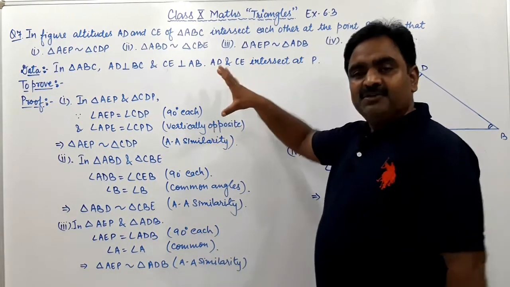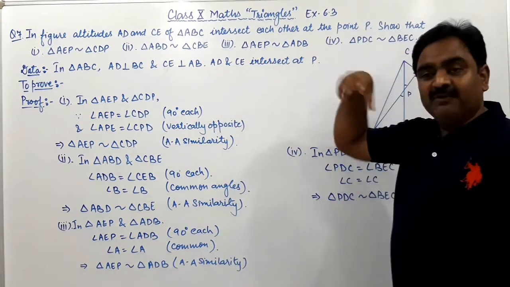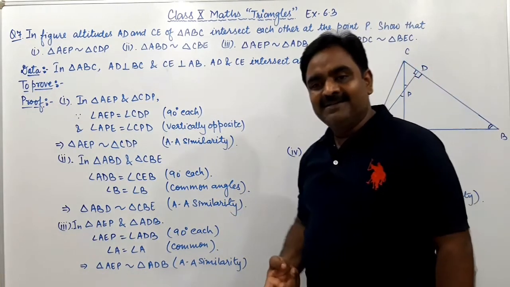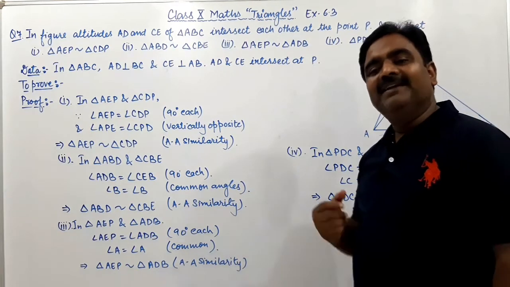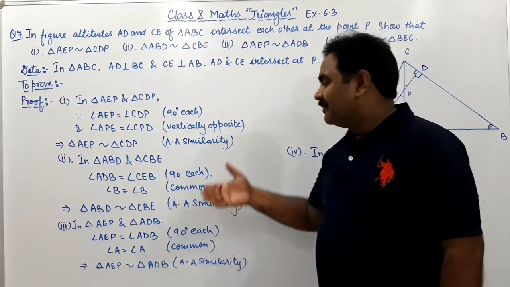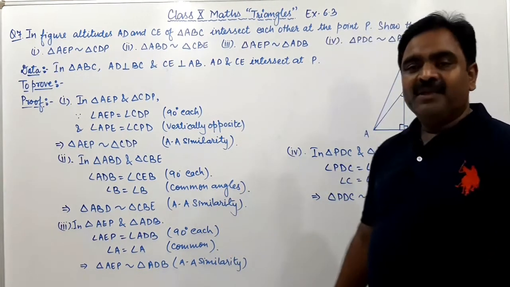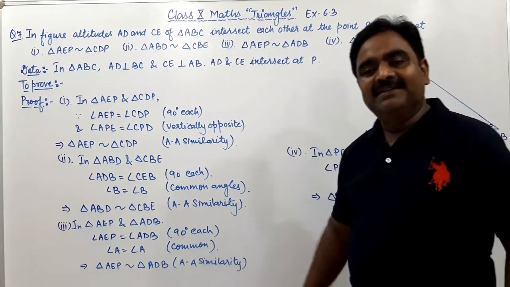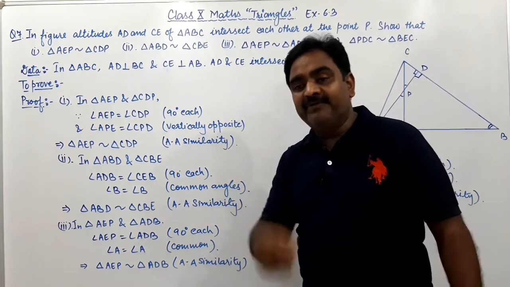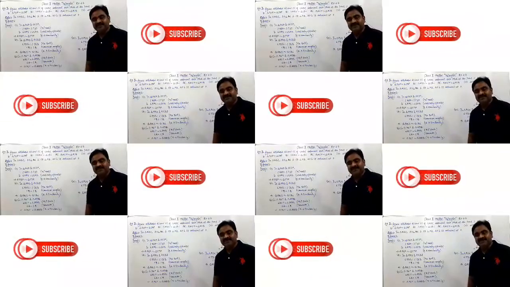So इसमें the four things which we are going to prove, सब में दो angles common मिल रहे थे, दो angles equal मिल रहे थे. So by angle similarity easily we have proved all four things in this figure easily, right friends? So you have to keep revising and prepare for your test.